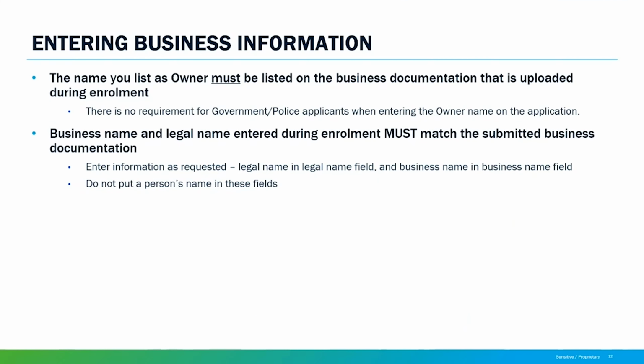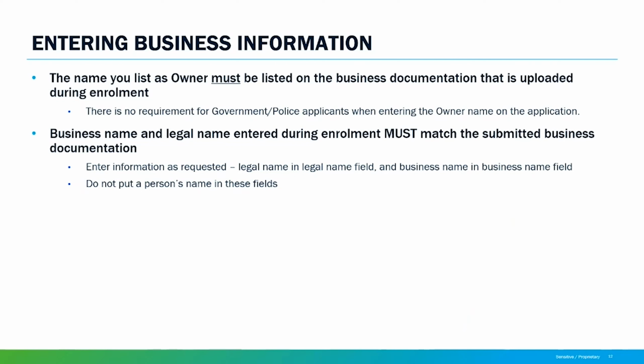Let's talk specifically about the required business documentation for your drive-on enrollment. First to note is that the name you apply with and list as the owner during your enrollment must be named on the business documentation that you will be uploading during the enrollment process.